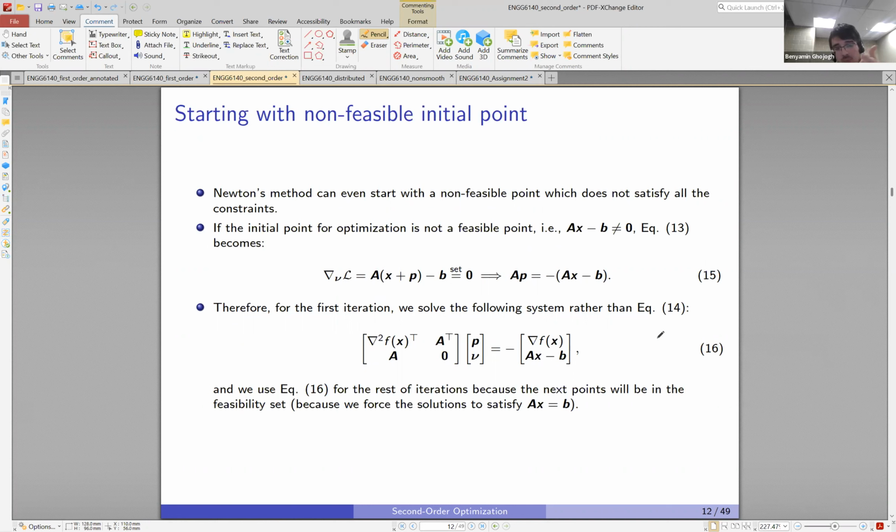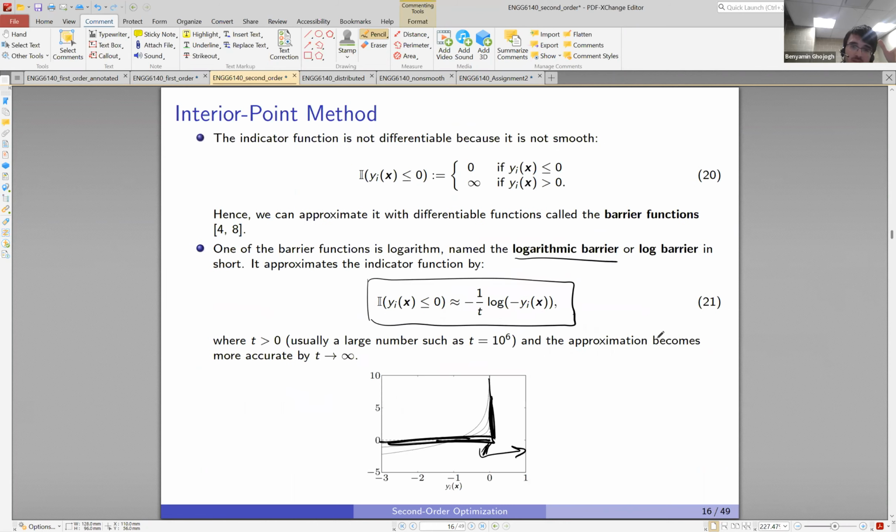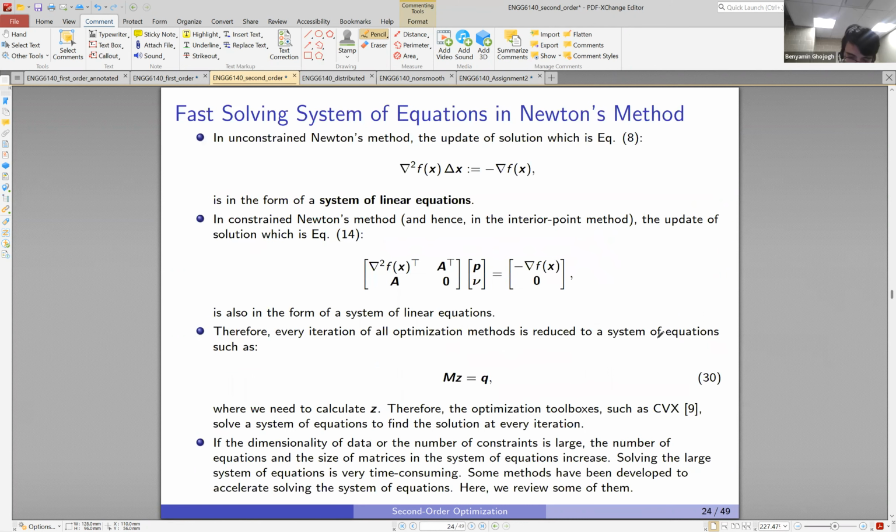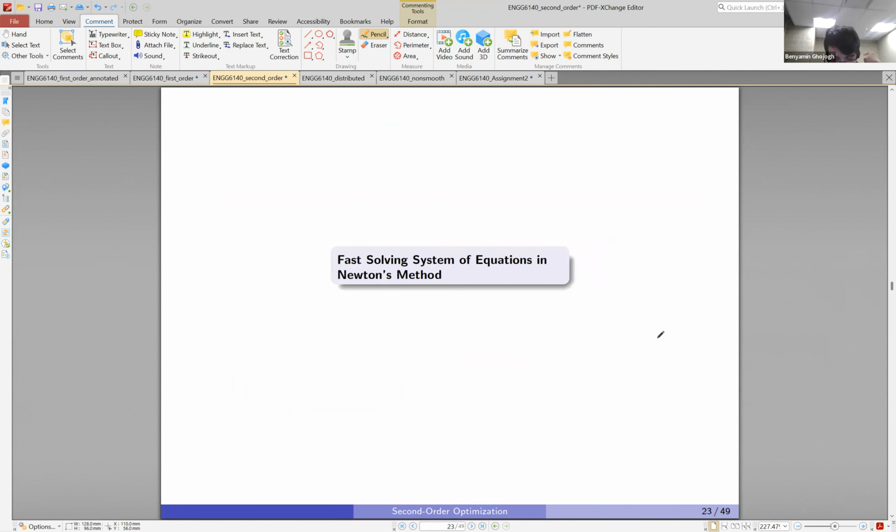But in the optimization toolboxes, they usually use techniques such as Cholesky decomposition in order to accelerate that. I said that in the previous session, and Boyd also discusses that in his optimization 1 course. So here we are going to briefly mention that. There are ways for fast solving of systems of equations in Newton's method.